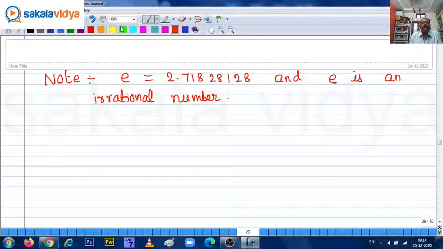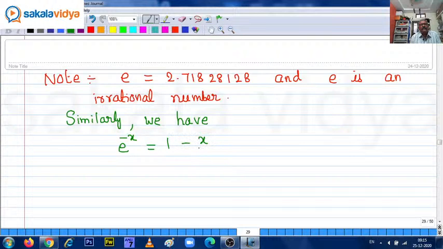And one more thing, similarly we have e raised to minus x, that also we can find out.